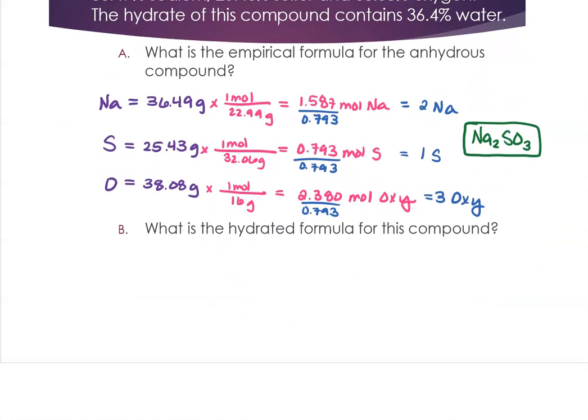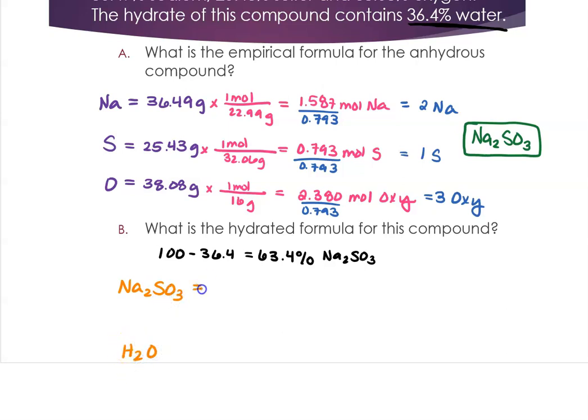So now I need to find the hydrated formula. So here I am going to now pay attention to this water. So if 36.4% is water, then if I subtract that from 100, I get 63.4% is going to be Na2SO3. So now I know I have Na2SO3 and I have H2O.